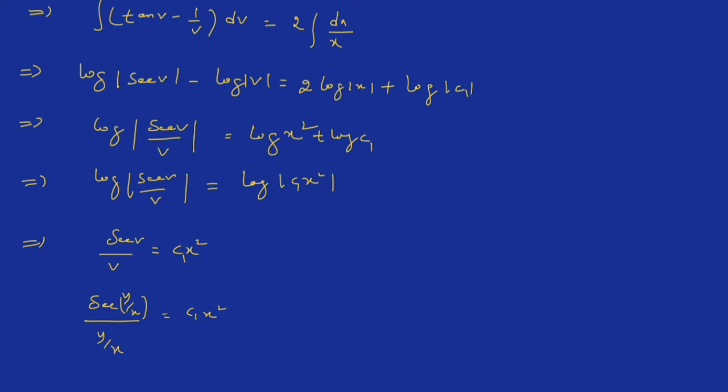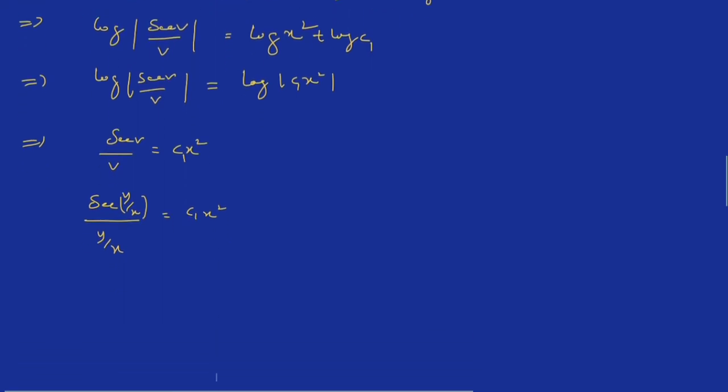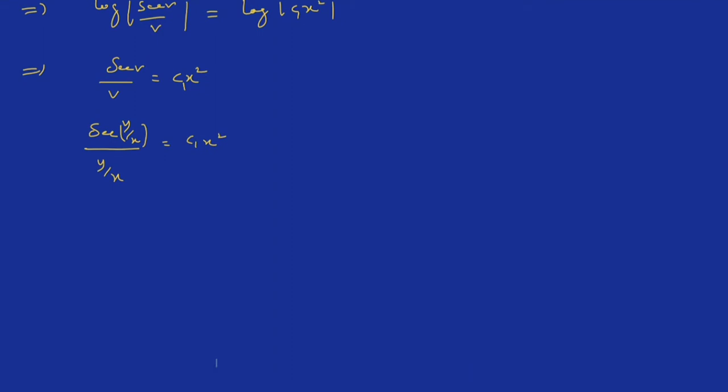So now this term goes to the numerator, which means it becomes x by y into sec y by x, which can be written as 1 upon cos y by x, the reciprocal of sec, equal to c1 x square.